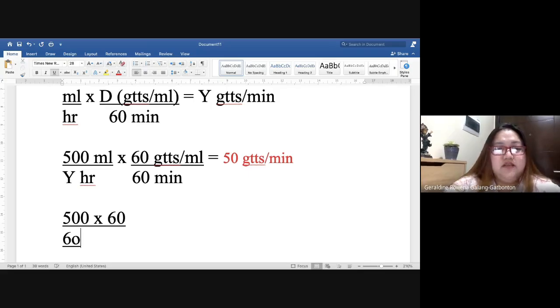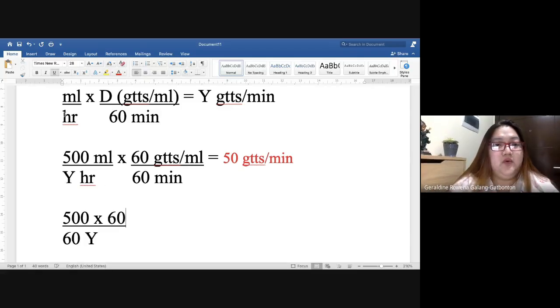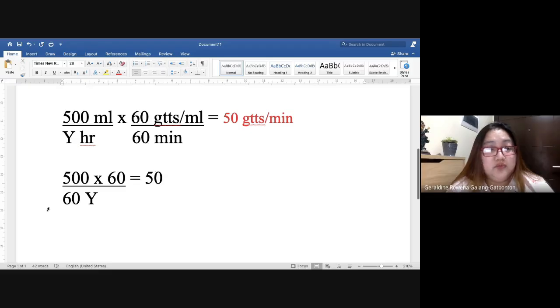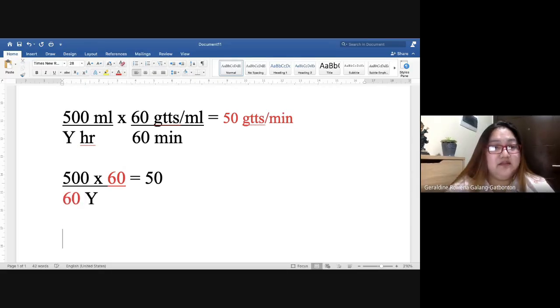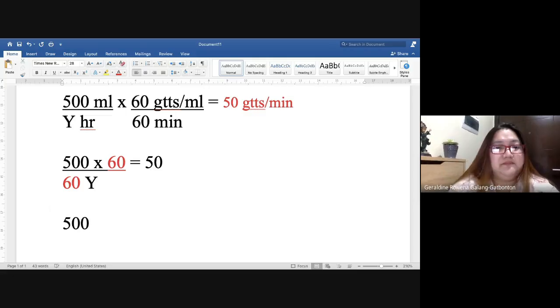So, 60y equals 50. What can I do with the 2 cross multiply? Actually, dito pa lang, pwede ko na yung i-cancel. Kasi parehong 60 eh. Diba? Para mas maliit yung number. Okay? So, ang mangyayari dyan, 500 equals 50y.